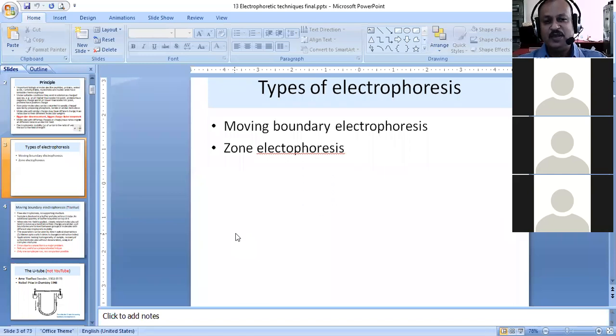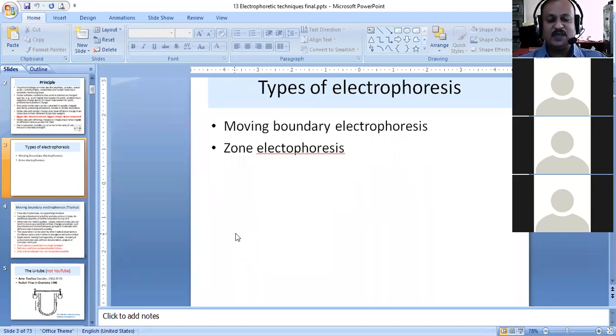I told you that there is no supporting medium as such. The sample components are in a buffer. We have a sample mixture and we apply the current directly inside the buffer. So separation of the sample components by virtue of their electrophoretic mobilities will take place within the buffer.